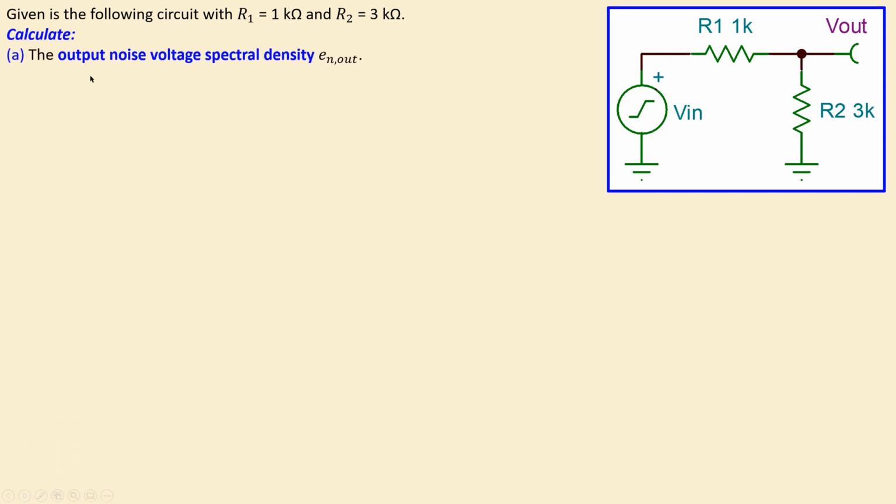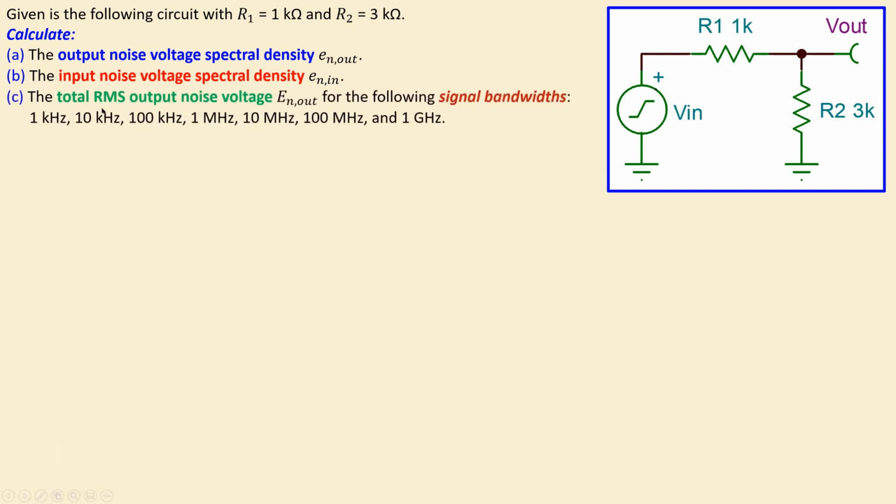We have the calculation of the output noise voltage spectral density, which is given by E sub n out. We also want the input noise voltage spectral density, which is given by E sub n in.